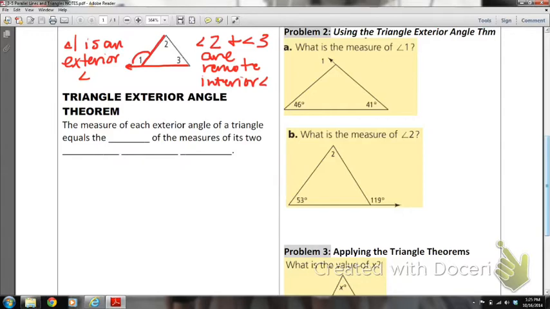So that leads into the next theorem, which is the triangle exterior angle theorem. The measure of each exterior angle of a triangle equals the sum of the measures of its two remote interior angles.